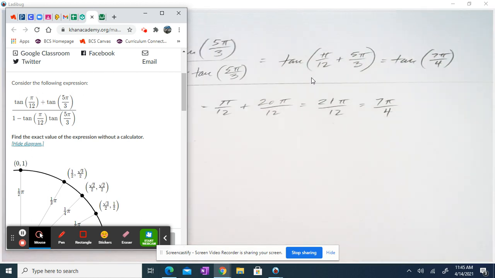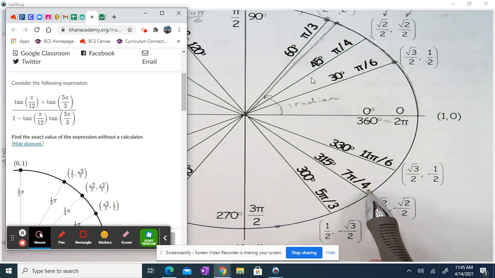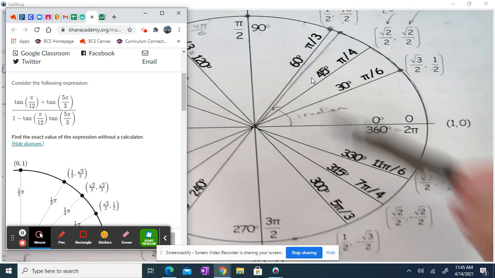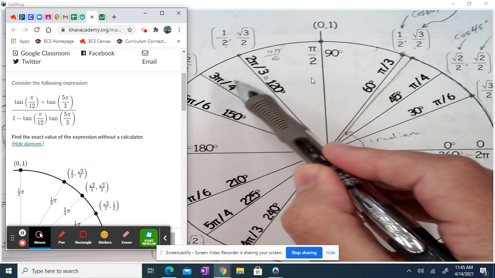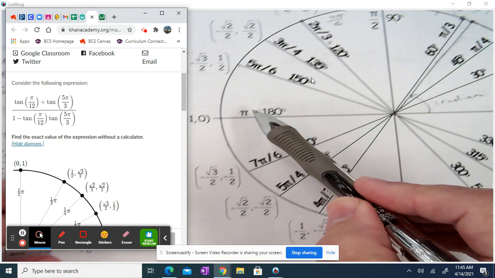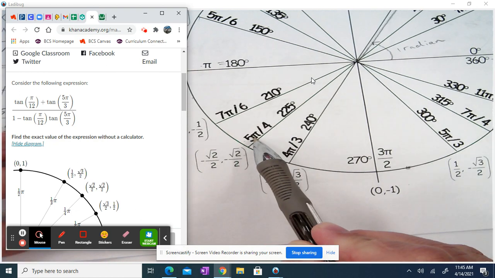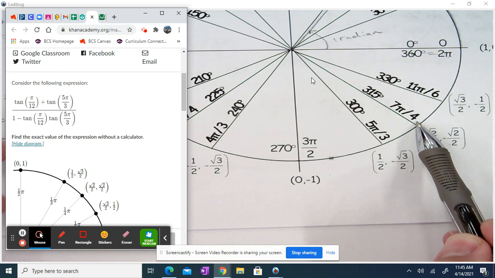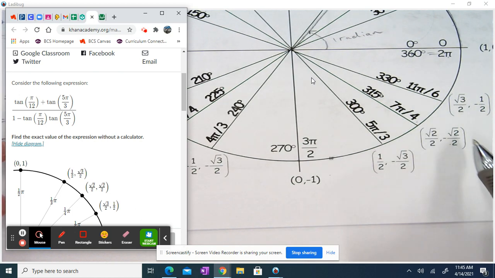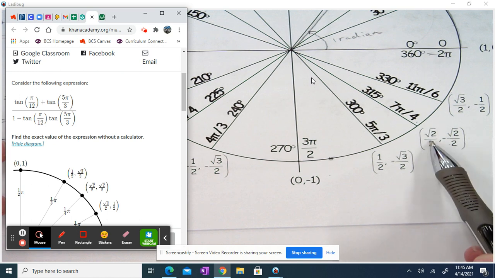Well, where is 7 pi over 4? If you look at your unit circle sheet, it's down here, right? So remember, this is 1 pi over 4. That's 2 pi over 4. That would be 3 pi over 4. Then another 45 would be 4 pi over 4. That's 5 pi over 4, 6 pi over 4, 7 pi over 4. And if you remember, tangent is just y over x. So it's this over this, right?